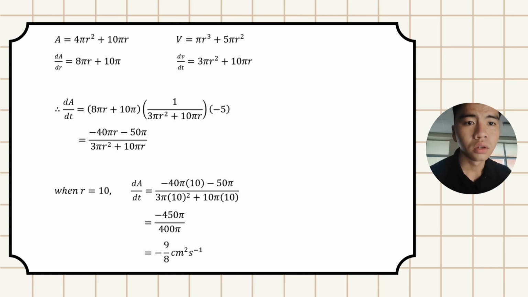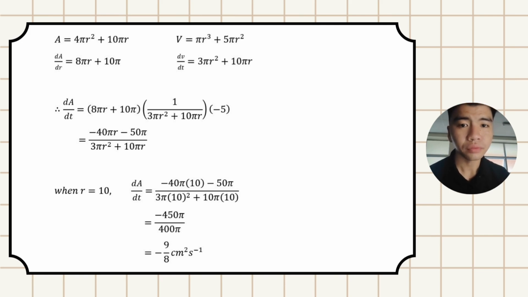So we can find dA over dt with this equation, that is 8 pi r plus 10 pi times 1 over 3 pi r squared plus 10 pi r times negative 5. We will get the equation negative 40 pi r minus 50 pi over 3 pi r squared plus 10 pi r.